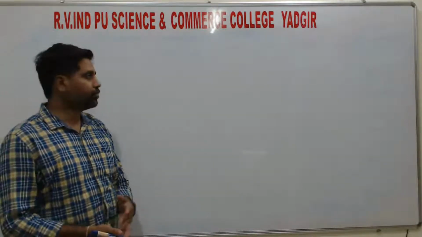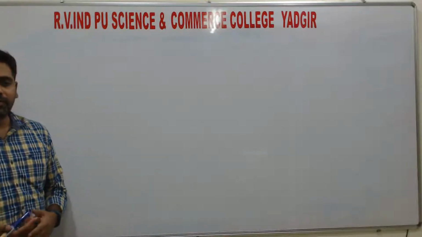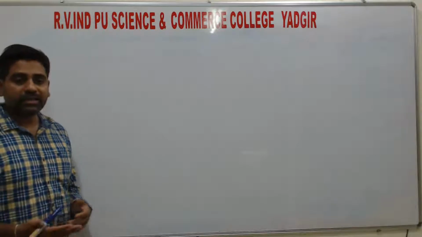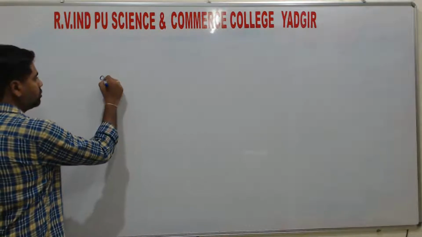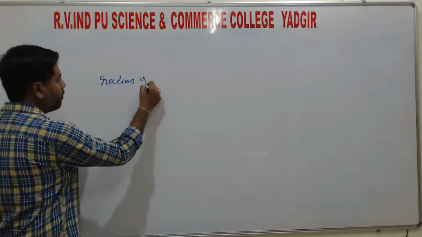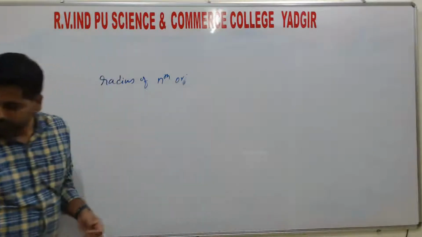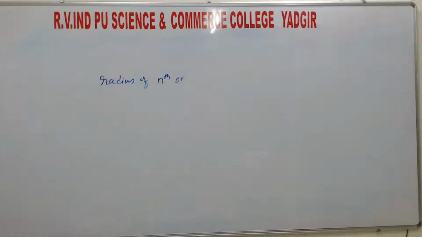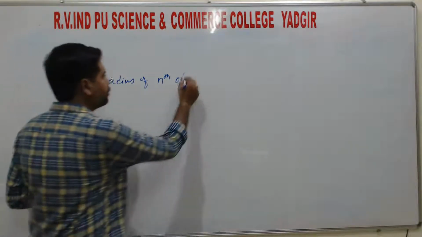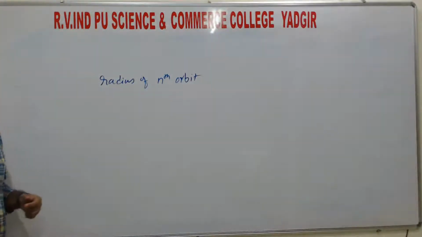Good morning, students. In the last class, we discussed the Bohr's atom model. From that, we found the relation for the radius of the nth orbit in an atom.